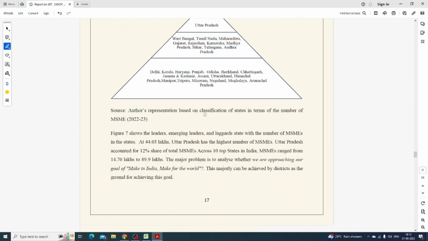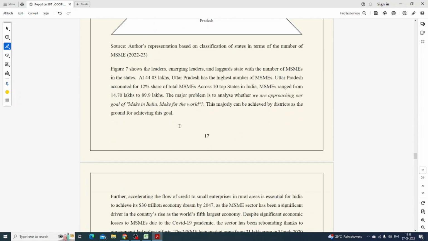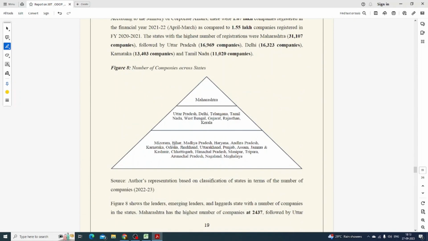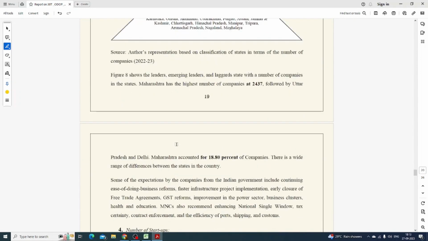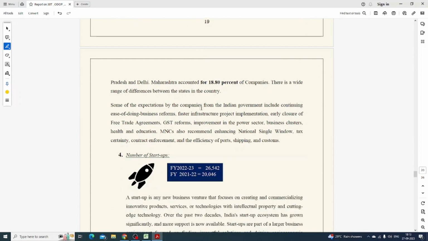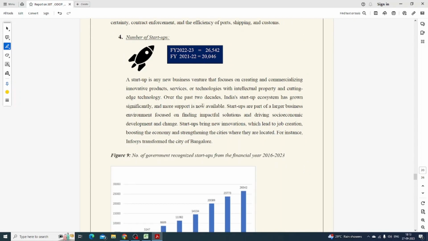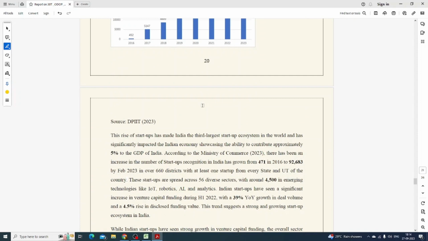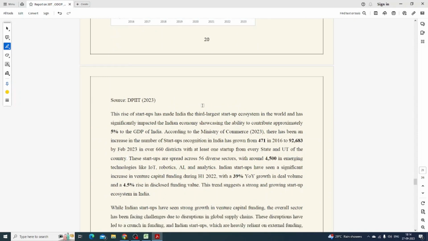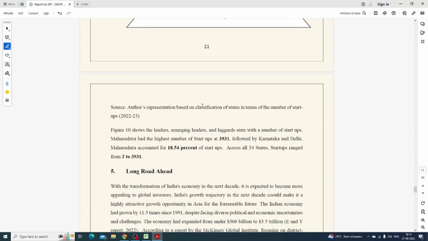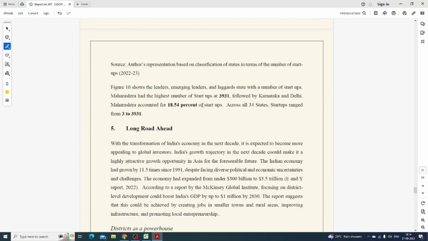So they have given state level analysis. You can go through this report. They have given the number of companies, and they have also given the number of startups. There are around 600 startups where the net worth is around 500 million, that is half a billion.